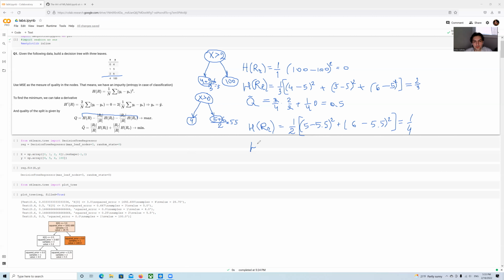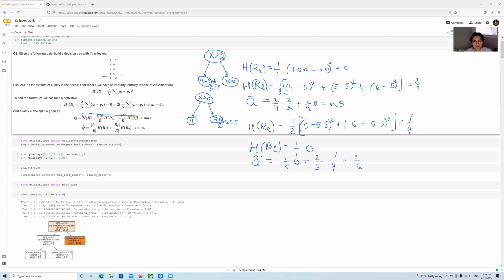And in the left class, we have only one element, so it will be 0. And the quality factor will be 1 over 3 times 0 plus 2 over 3 times 1 fourth, and it's 1/6.